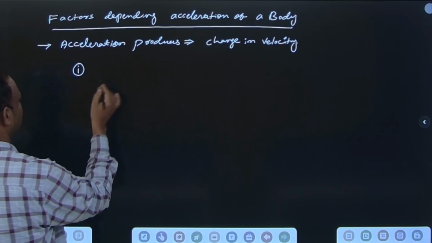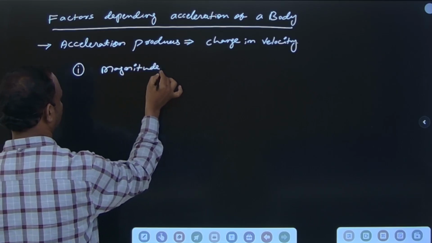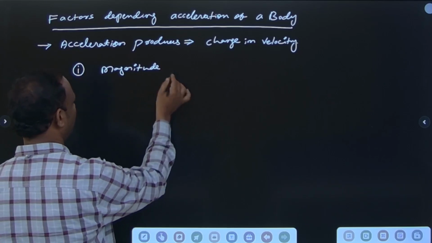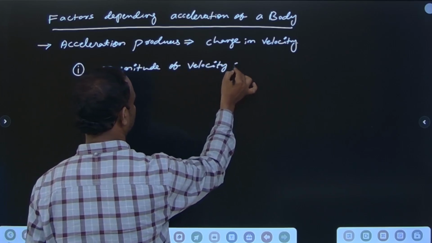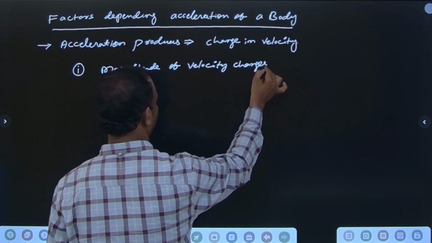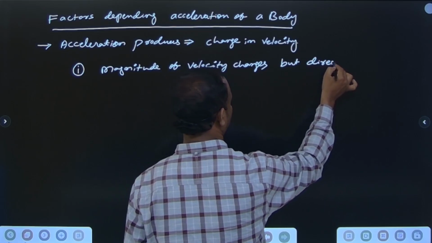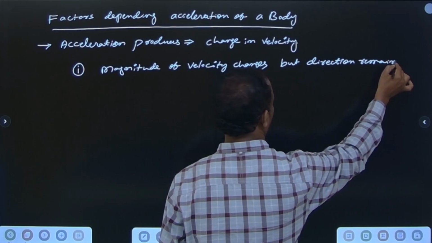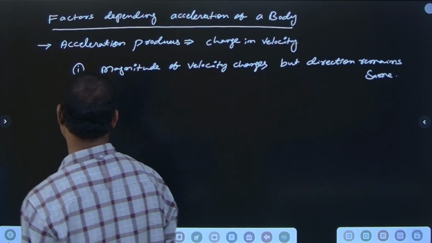The magnitude of velocity changes, but the direction remains the same. That is the first thing.